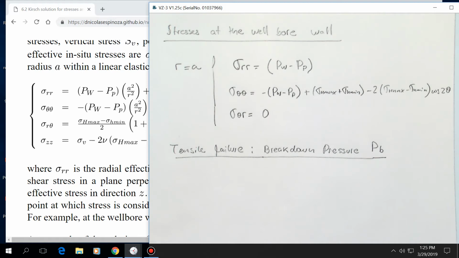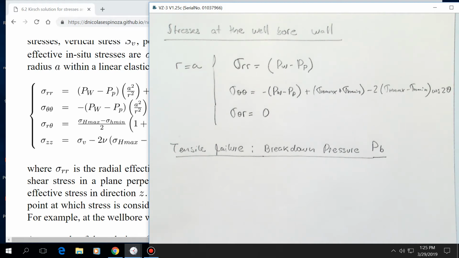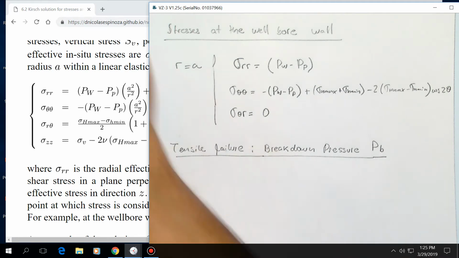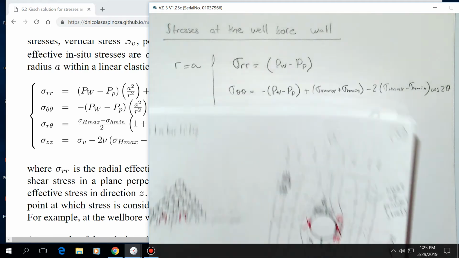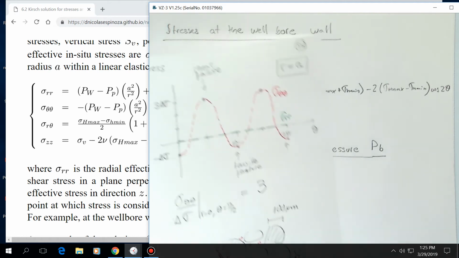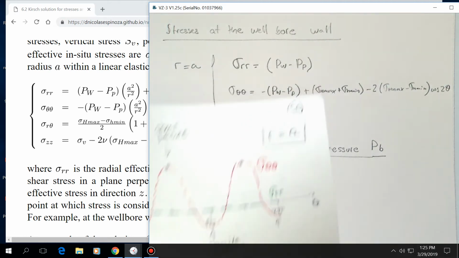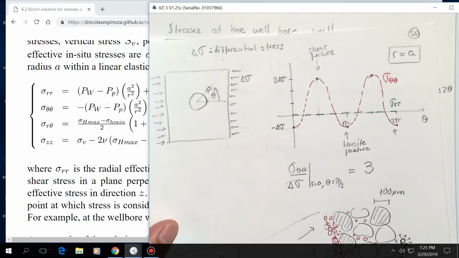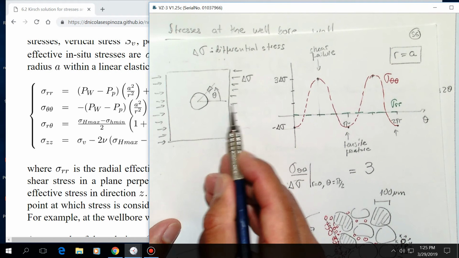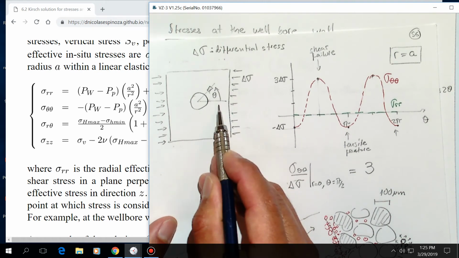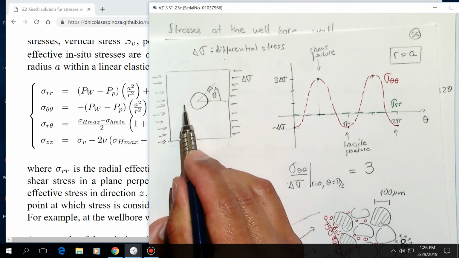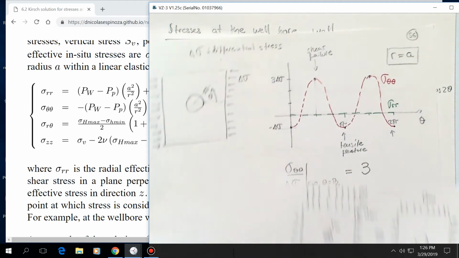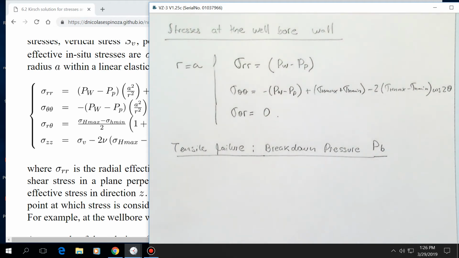It's a wellbore pressure. If you remember, according to our definition, we're going to have tensile failure if the maximum stress comes in this direction. The tensile failure is going to be whenever theta is equal to 0 or 180 degrees. So let's just use 0 in this case.